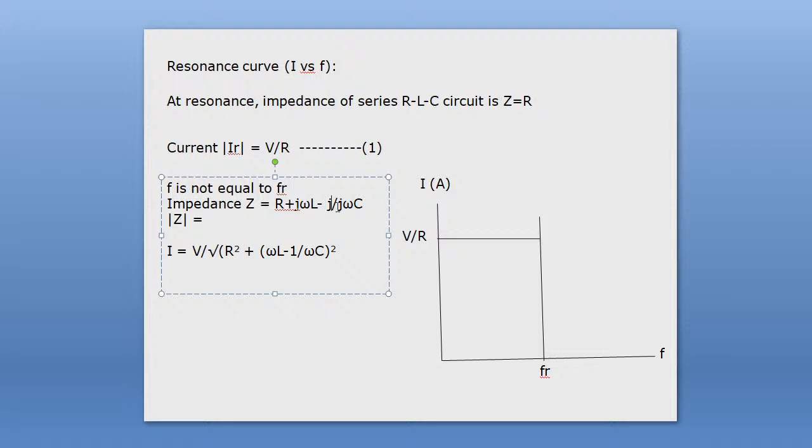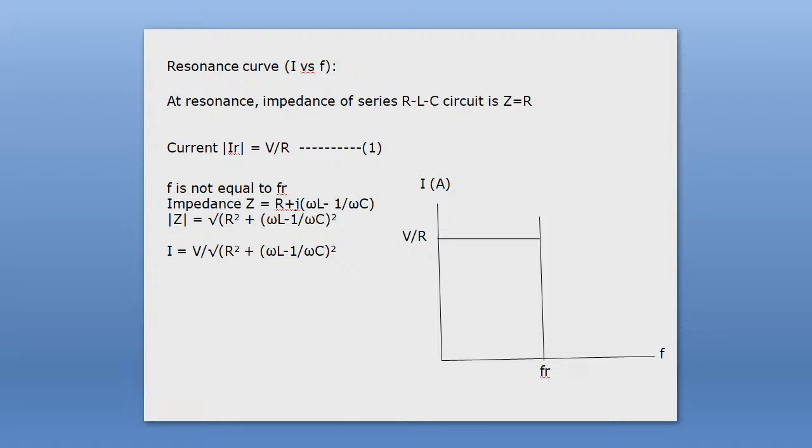If you take j common, then you can write omega L minus 1 by omega C. Is it correct? You take the magnitude, square root of real part square plus imaginary part square. So you will get mod Z equal to square root of R square plus omega L minus 1 by omega C whole square.